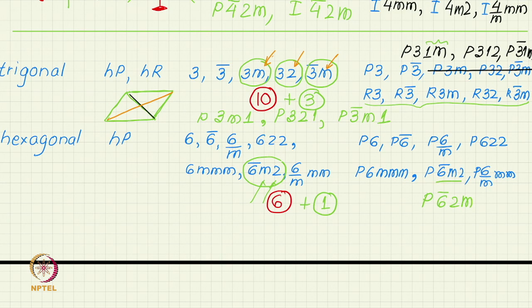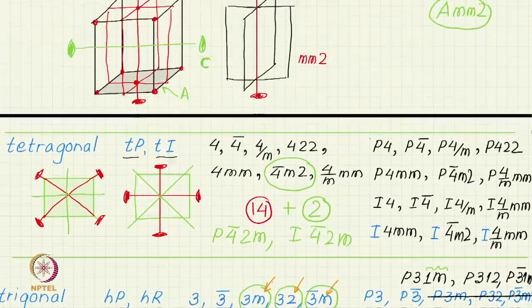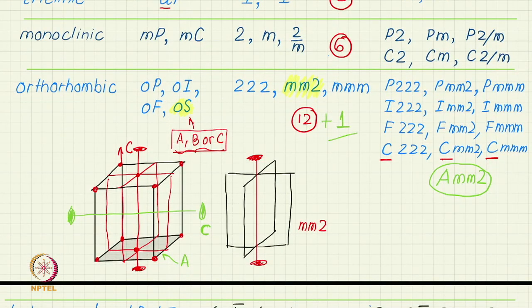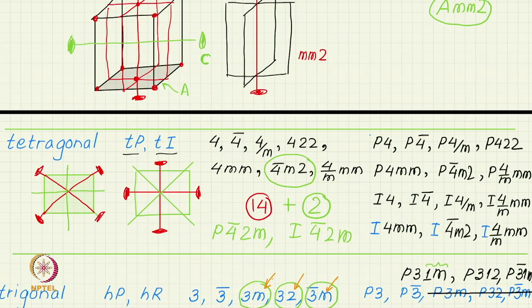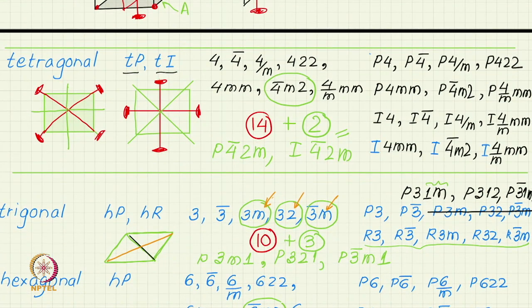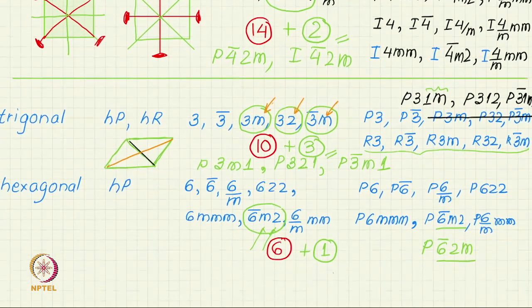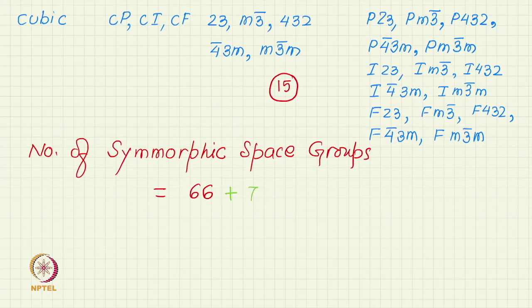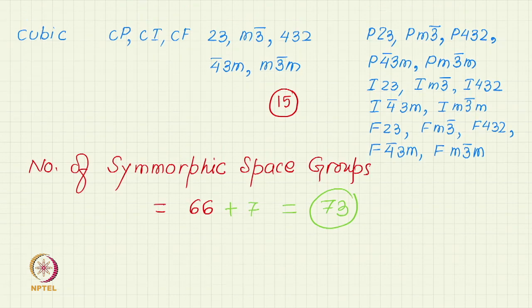So, it is 6 bar M2, other orientation will be 6 bar 2M. So, with all this hard work, we have now probably found all the missing ones. 1 plus 2, 3, plus 3, 6 and 1, 7. So, 66 plus 7 is equal to 73 symmorphic space groups we have found and listed here in their symbols.